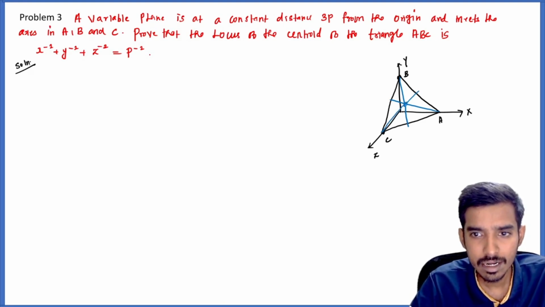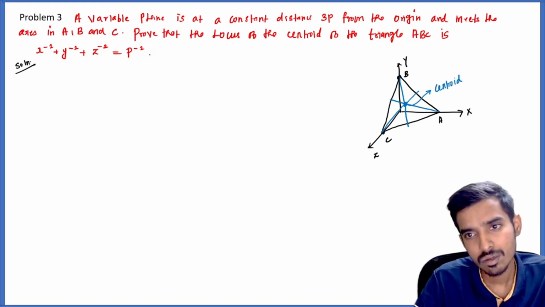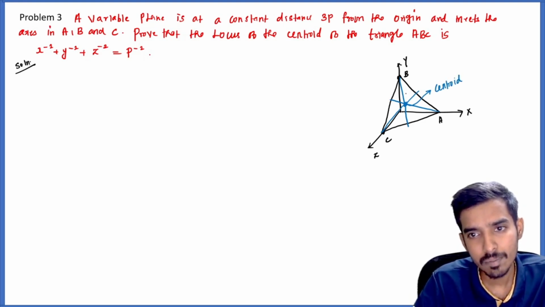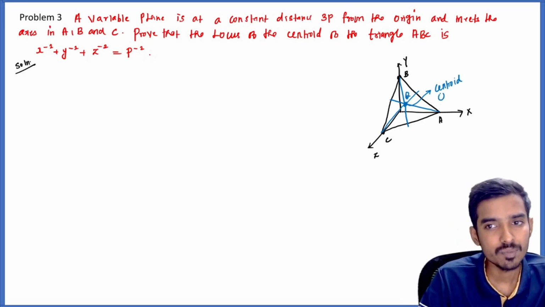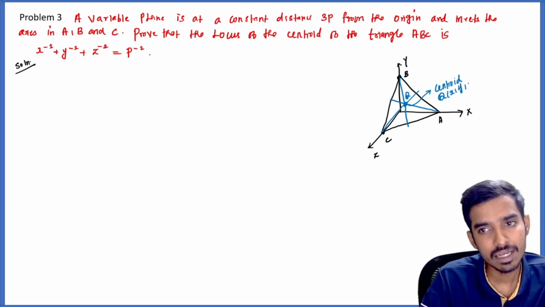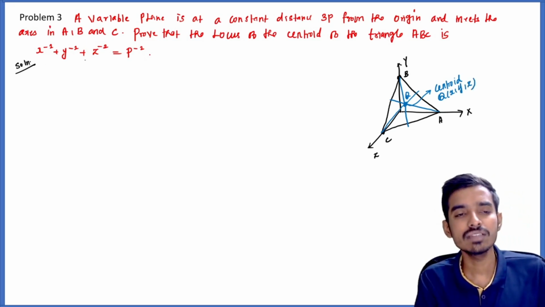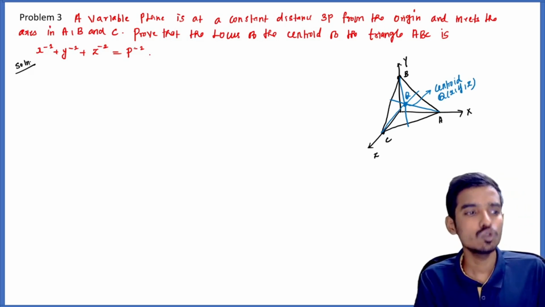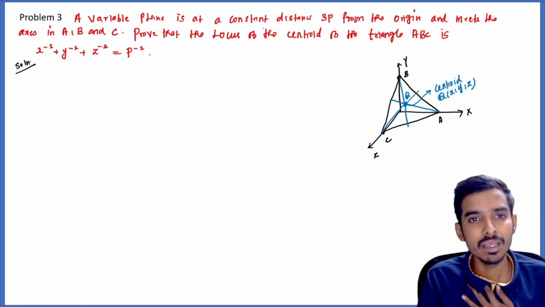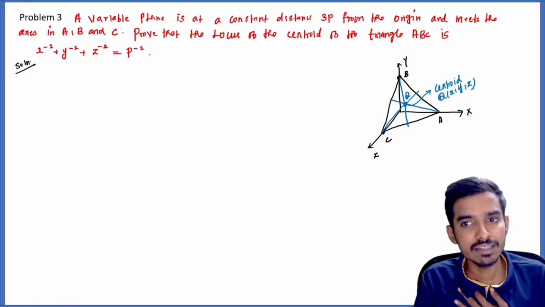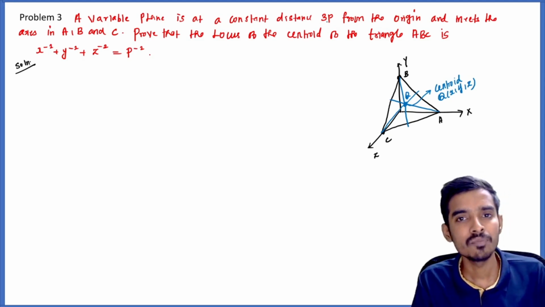Hence this is the centroid. Let this be the point Q, let Q be the centroid. Now we need to show this point Q, x, y, z, satisfies this locus, that is, x power minus 2 plus y power minus 2 plus z power minus 2 is equal to p power minus 2. Remember, depending upon the value of p, the centroid will change, yes or no? For example, if I take p to be equal to 1, that means what?